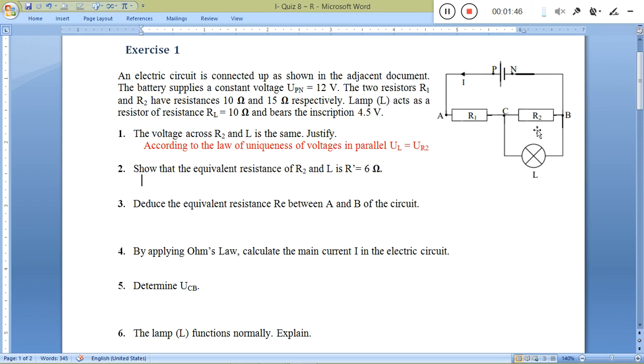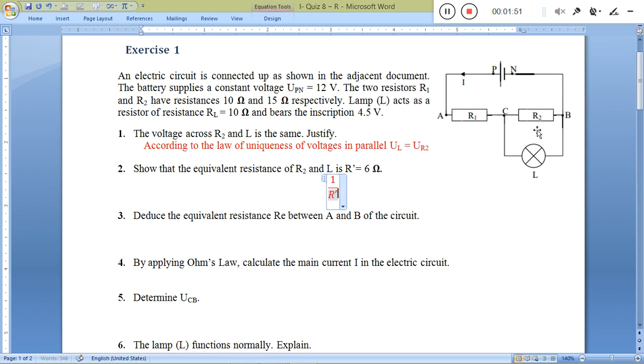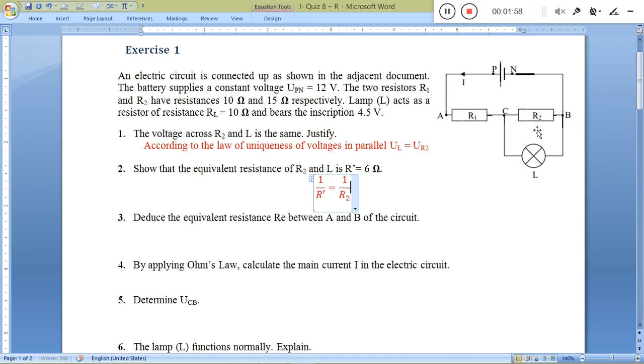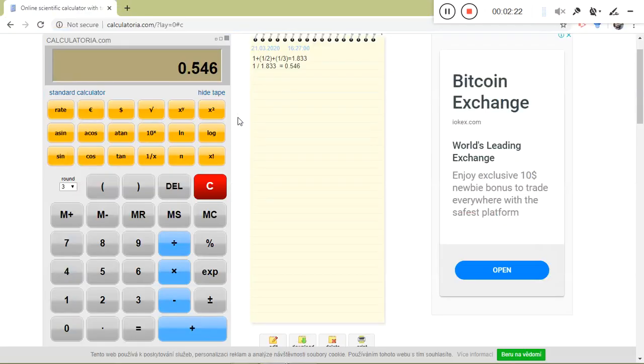Since these two are parallel, we say that 1 over R prime is equal to 1 over R2 plus 1 over RL, the resistance of the lamp, equals 1 over 15 ohms plus 1 over 10 ohms. Using the calculator, let's try it together.